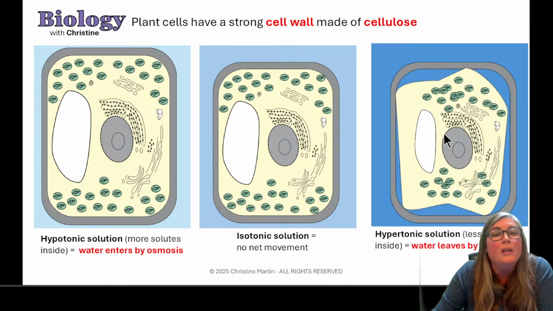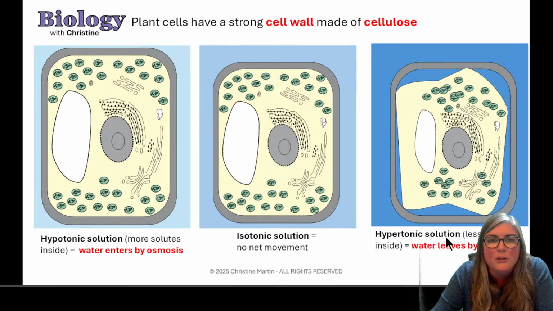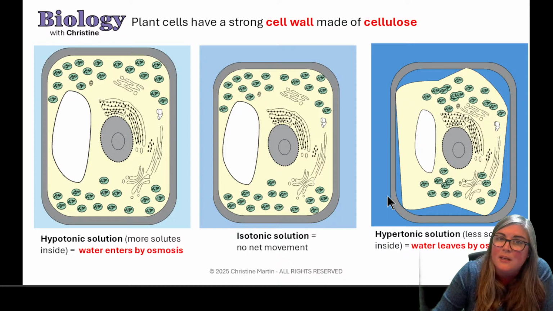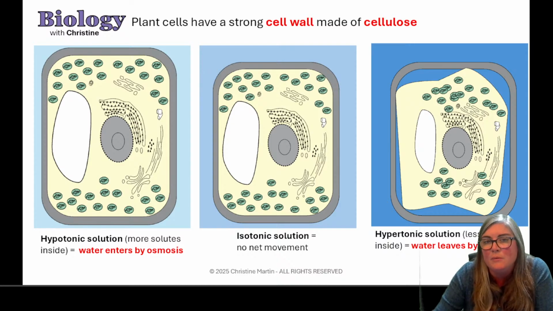If we go on the opposite side of things, if we have what's called a hypertonic solution, so this time we've got less solutes inside the cell compared to outside, what's going to happen is water will leave by osmosis.